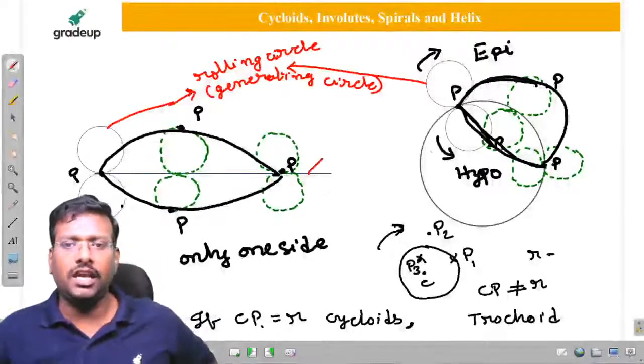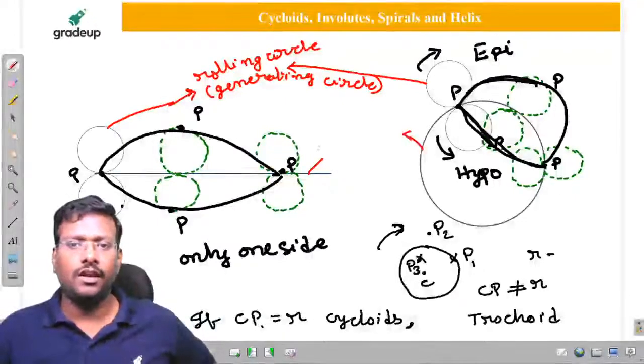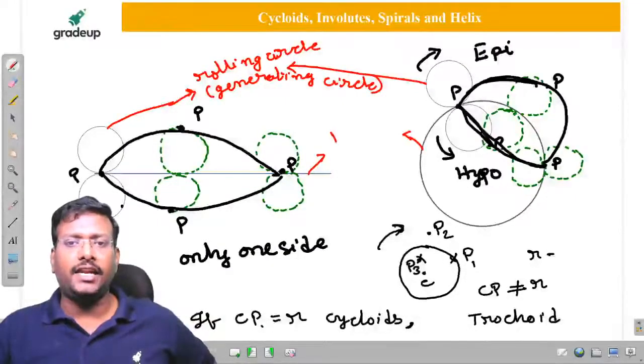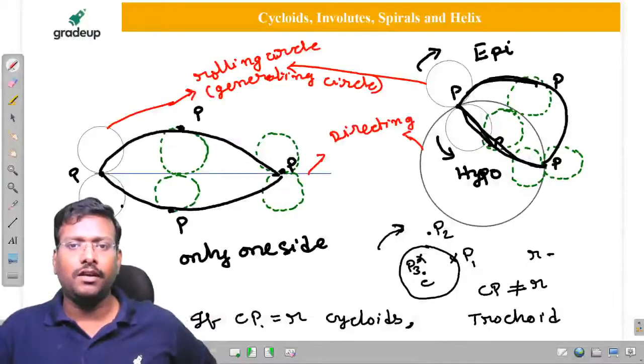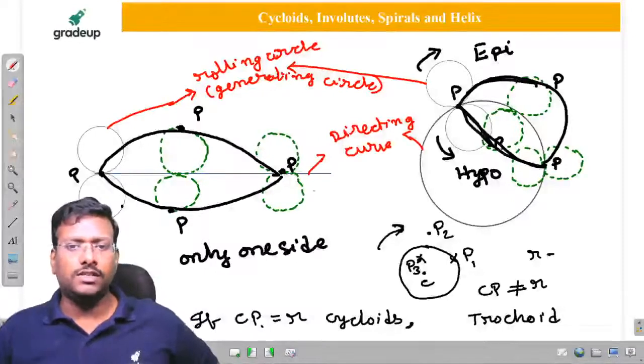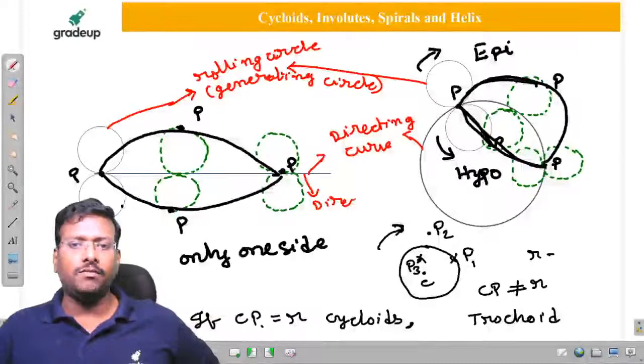Whereas this thing is called the directing curve. Sir, in case of cycloid, this is called the directing line.